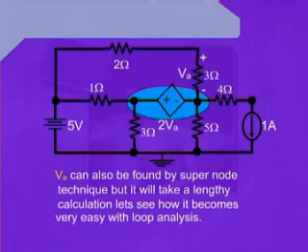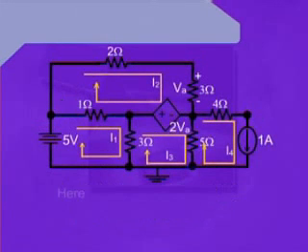Let's see how it becomes very easy with loop analysis. Now, as our usual practice, we assign the currents flowing through each of the loops. Now, because this circuit consists of 4 loops, therefore, we have to consider 4 currents flowing through each of the mesh.